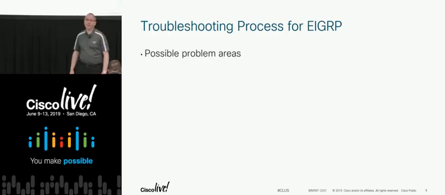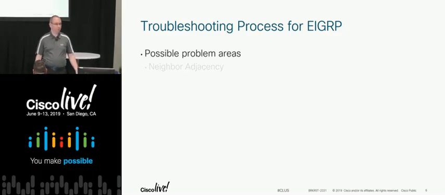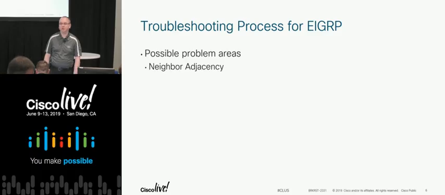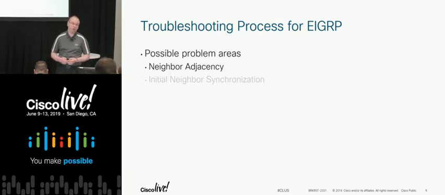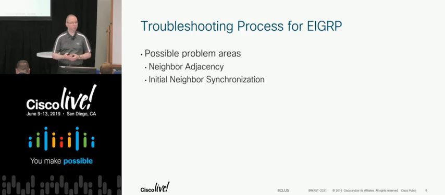All right. What are the possible areas where EIGRP can screw up? Well, first of all, we may have problems with adjacencies. We don't even establish neighborships between myself and my neighboring router. Or if we establish it, we have problems exchanging the set of routes I know and what my neighbor knows.